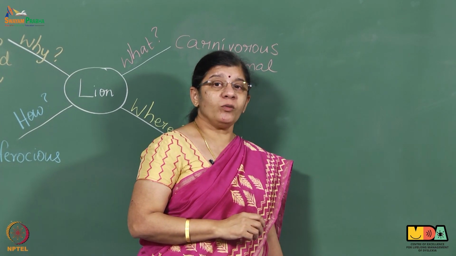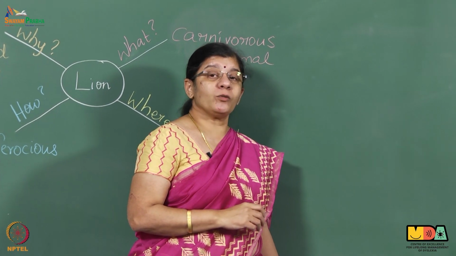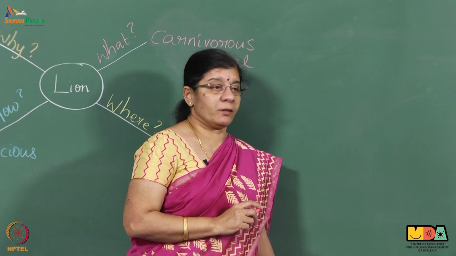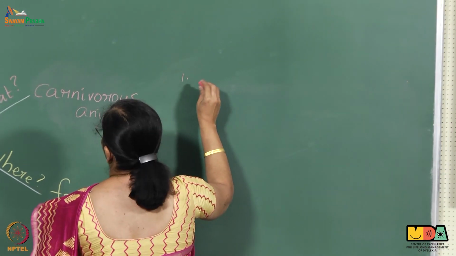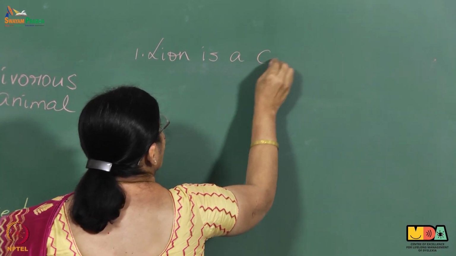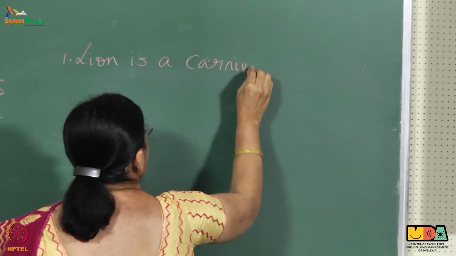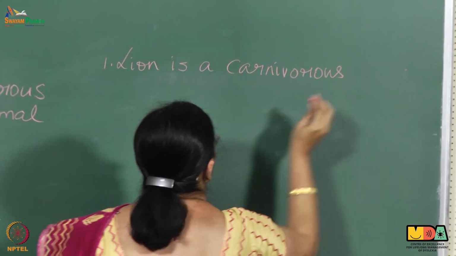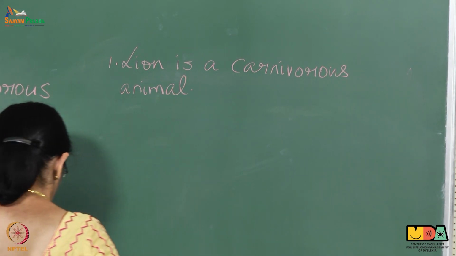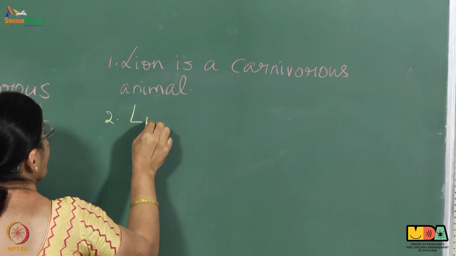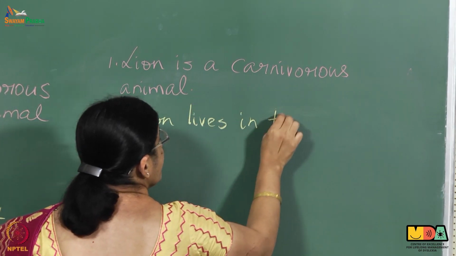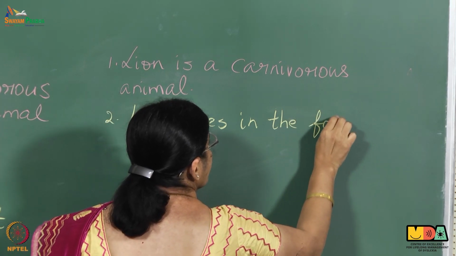Let us see how these clues can be made into simple sentences and written in the form of a paragraph with points. Lion is a carnivorous animal. Lion lives in the forest.